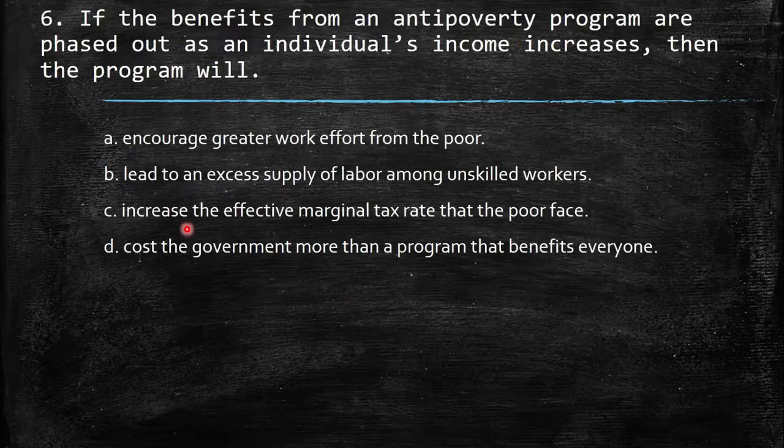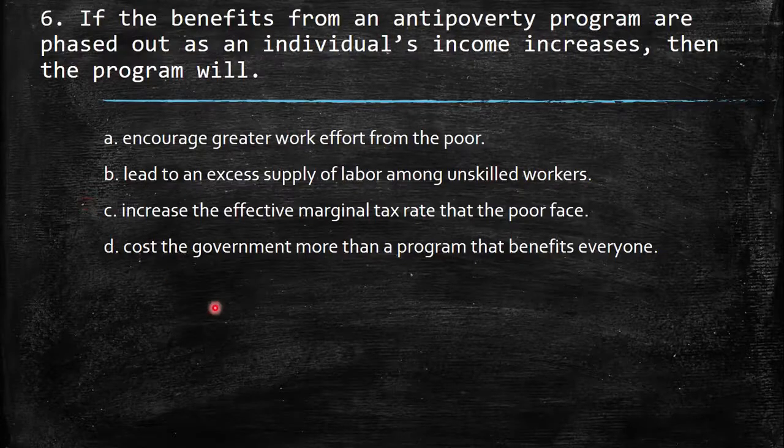Raise of money. If the benefits from an anti-poverty program are phased out as an individual's income increases, then the program will encourage greater work effort from the poor, lead to an excess supply of labor among unskilled workers, increase the effective marginal tax rates that the poor face, or cost the government more than a program that benefits everyone.